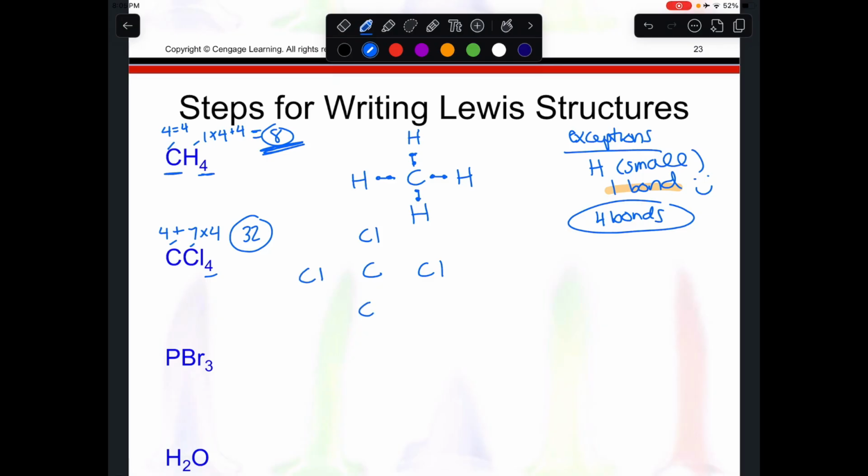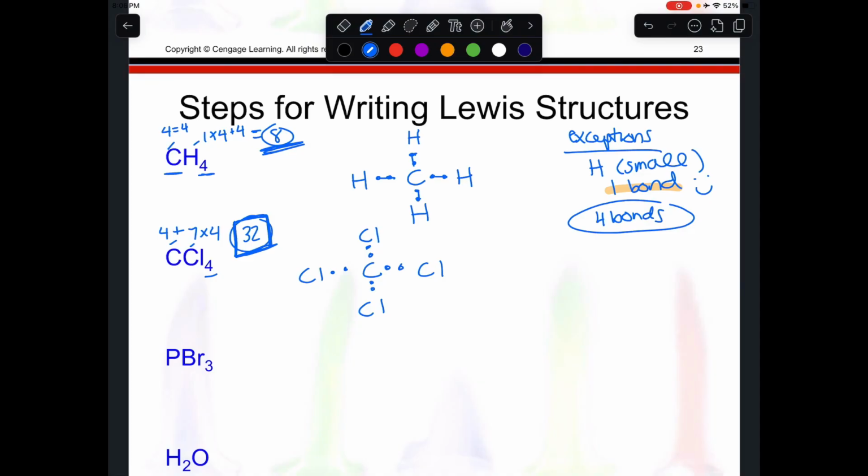And then let's place our other atoms around here. In this case, it's 4 chlorines. The next step is connecting our center to our outer. 1, 2, 3, 4, 5, 6, 7, 8. We've only used 8. Now, we need to use all 32. You will always use everything you have.